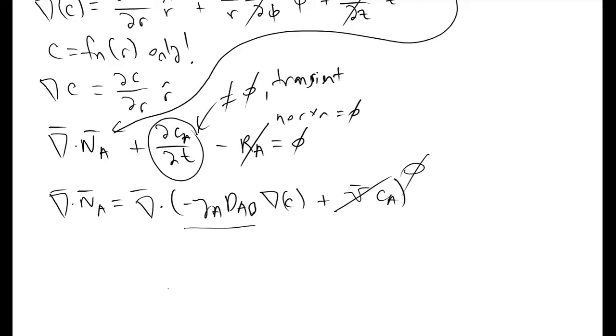If we note that the molar ratio of A and the diffusion coefficient are constant, we can pull these out, and we have minus YA times DAB times the Laplacian of your concentration, equal to the divergence of your flux vector.